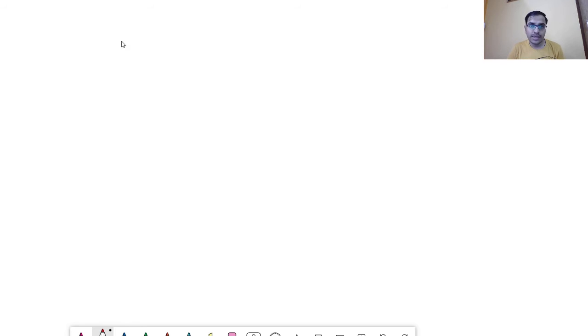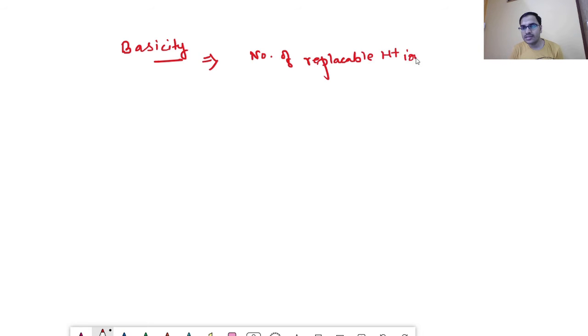Now you will learn a term known as basicity. What is basicity? It is nothing but the number of replaceable H plus ions in an acid or a compound.